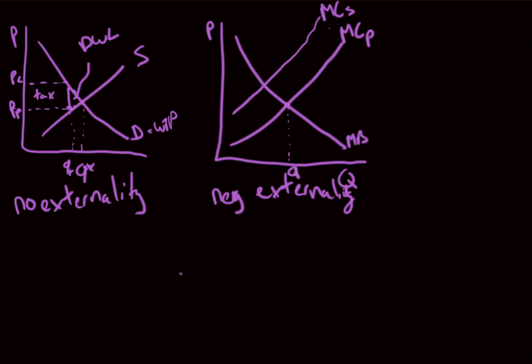So this is the quantity that's being produced. But at this quantity, we say that there's something not going well. We say that ideally, because of this negative externality, we should take into account all costs. So we should be looking at this intersection here and this quantity here.